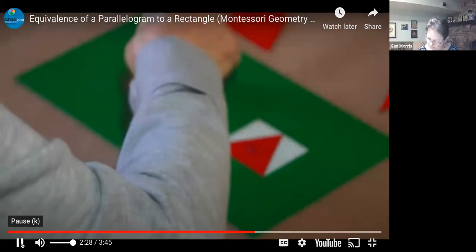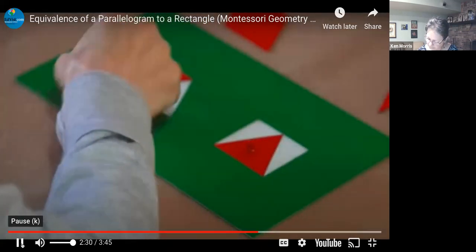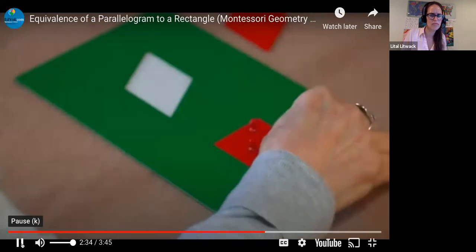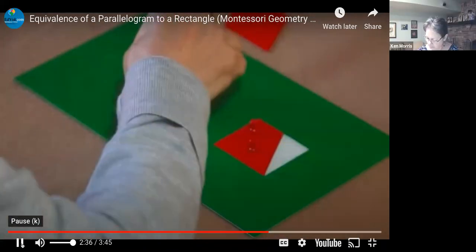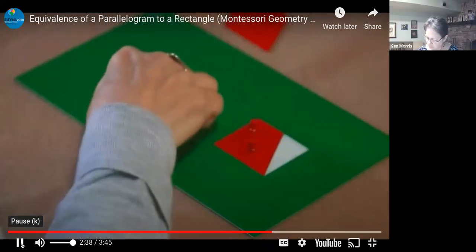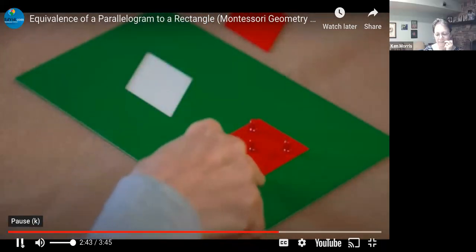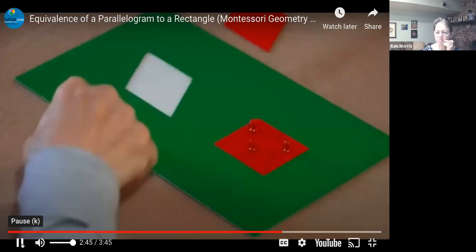And the height of the parallelogram is equal to the height of the rectangle. Their base and their height are equal.